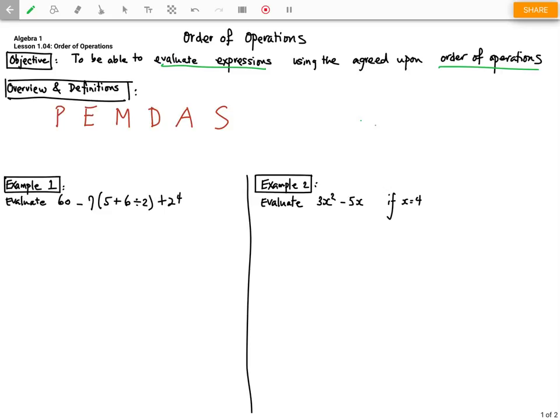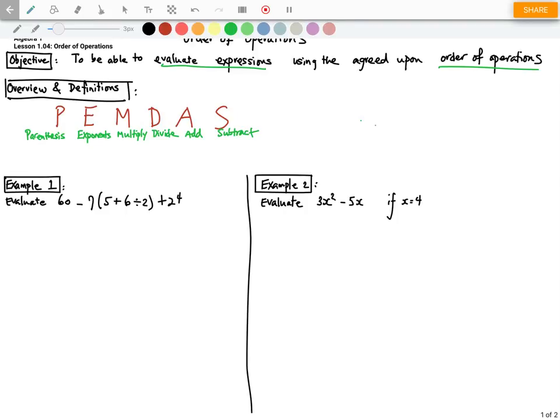PEMDAS meaning parentheses, exponents, multiply, divide, add, subtract. So, let's try some examples.